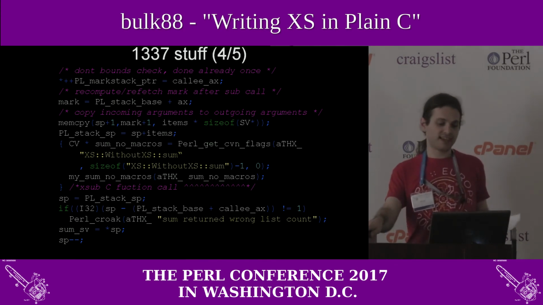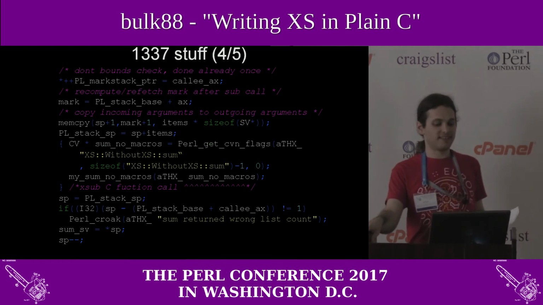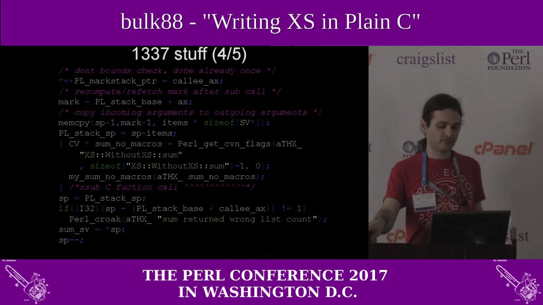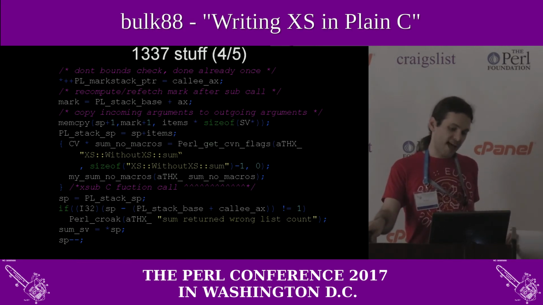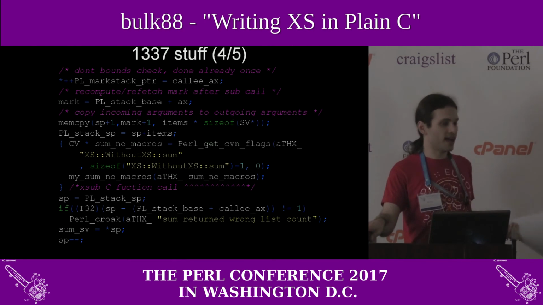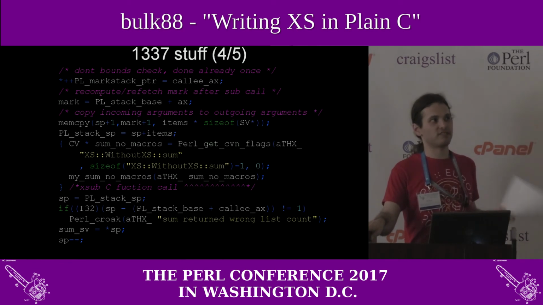Again, we have to get the CV pointer, and we directly call the XSub with its CV pointer. We again have to fetch PL stack as we have to again read the global stack pointer, recompute how many items we got. If we didn't get one item, we can never trust any XSub or any subroutine to return a certain number of items.